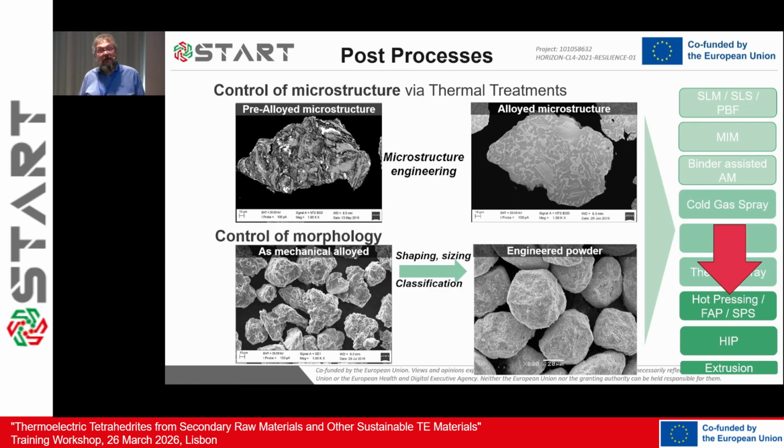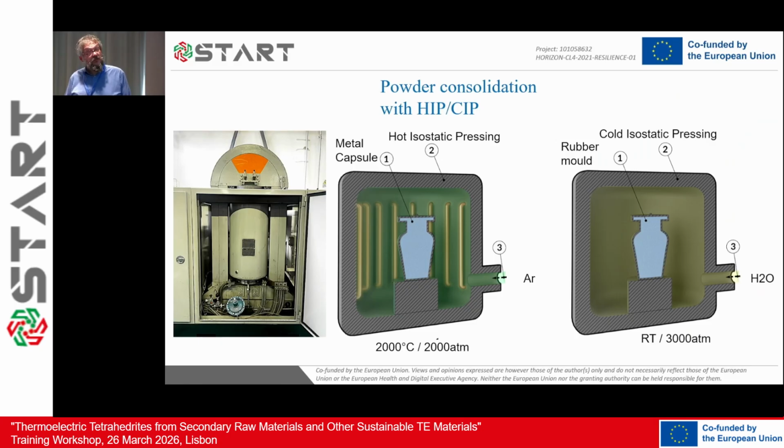test also by hot isostatic press, which is probably, you know, already quite a simple concept method for consolidating powders. You need in some cases a capsule. For the hot isostatic pressing, it has to be metal.